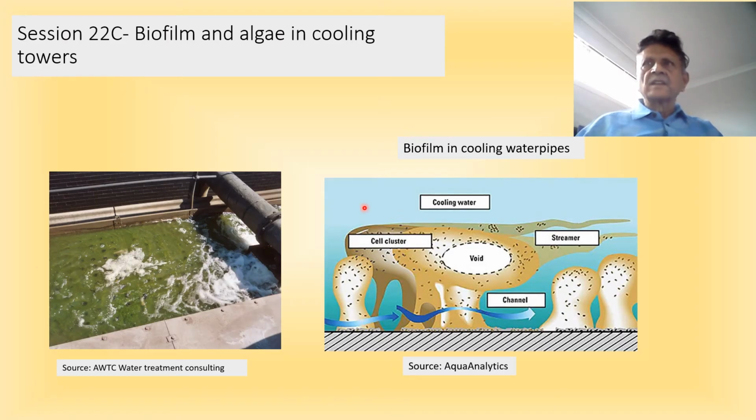This slide shows where algae can be involved in slime formation, because small particles of cells of algae can also get stuck to the sides of the pipe, and that has protective holes in which bacteria can survive, and scaling can occur.